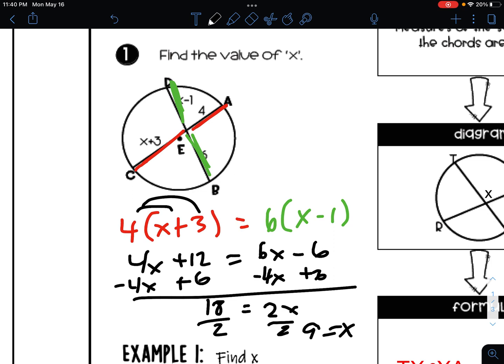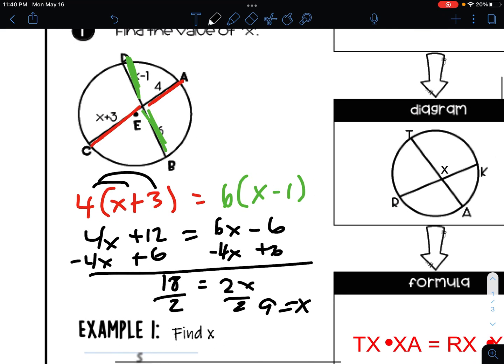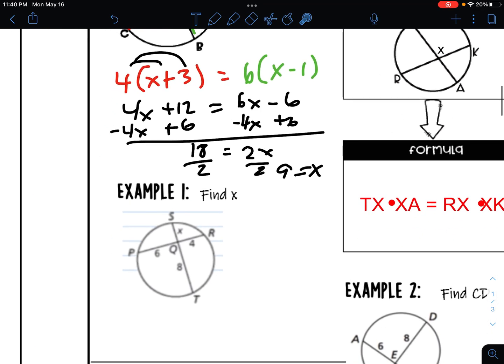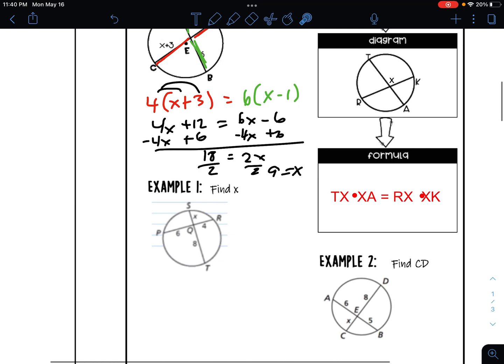So again, when 2 chords on the inside are crossing, the 2 portions of the 2 segments that make up one whole multiplied together equal the other 2 portions multiplied together. I'll go ahead and you try example number 1 right here.